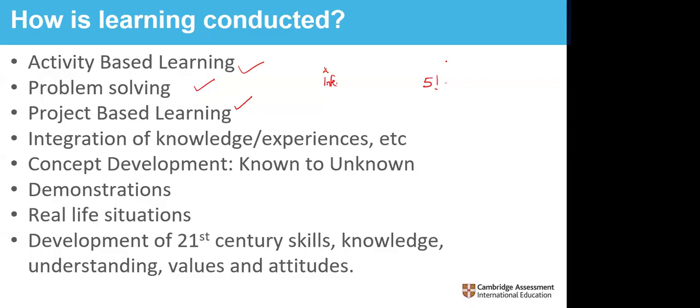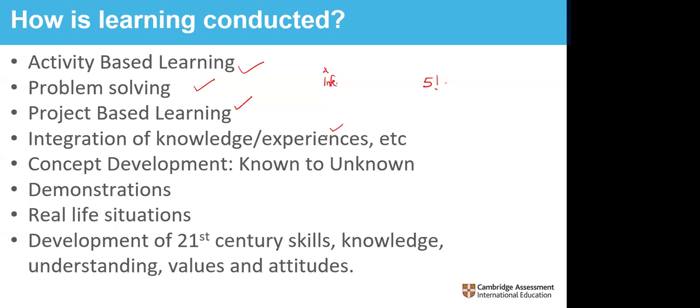They can even have a model or a prototype that can be used to solve a problem within the community. Then we have what we call integration of knowledge and experience. In knowledge integration, we expect that the children can use part of the knowledge they have learned from one subject and integrate it into another.